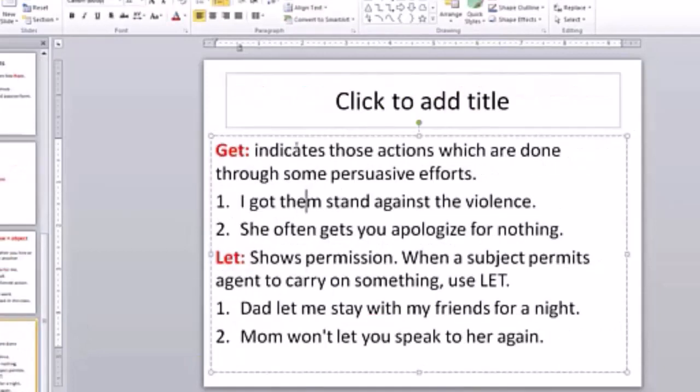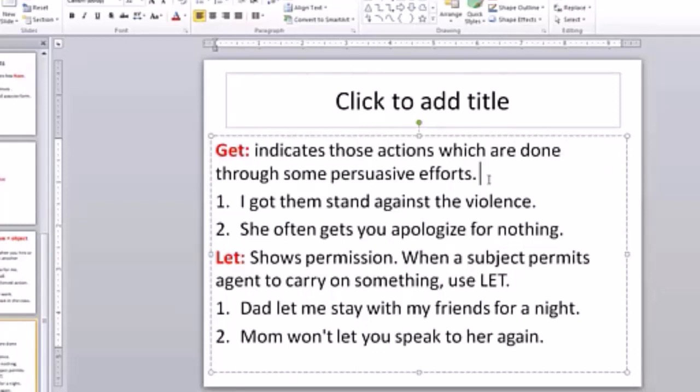Okay, get. Get indicates those actions which are done through some persuasive efforts. Persuade means when I make you do something for me, when I convince you, and I'm not paying you anything.